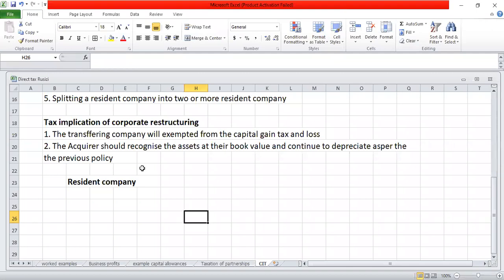Two, it has a central management or administration in Rwanda. Three, it has a permanent establishment in Rwanda. Or four, it is a Rwandan government company. That one automatically is going to be a resident company.